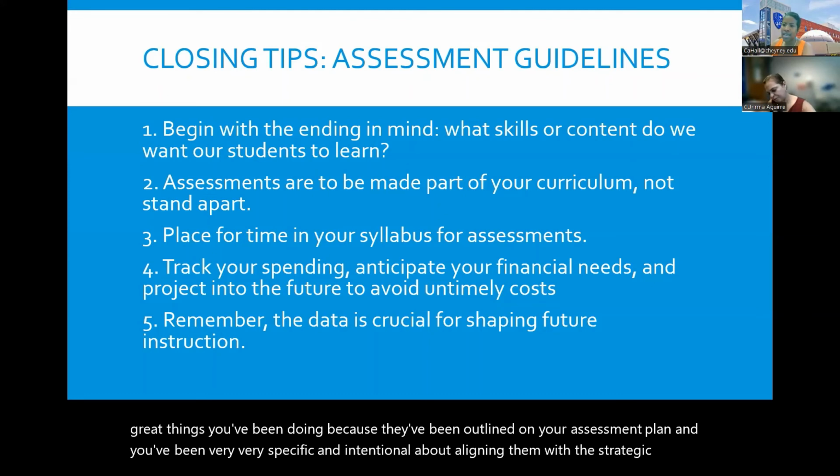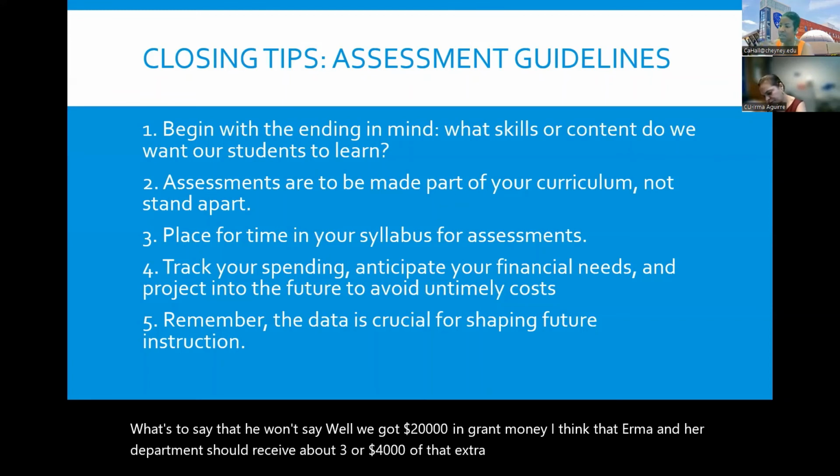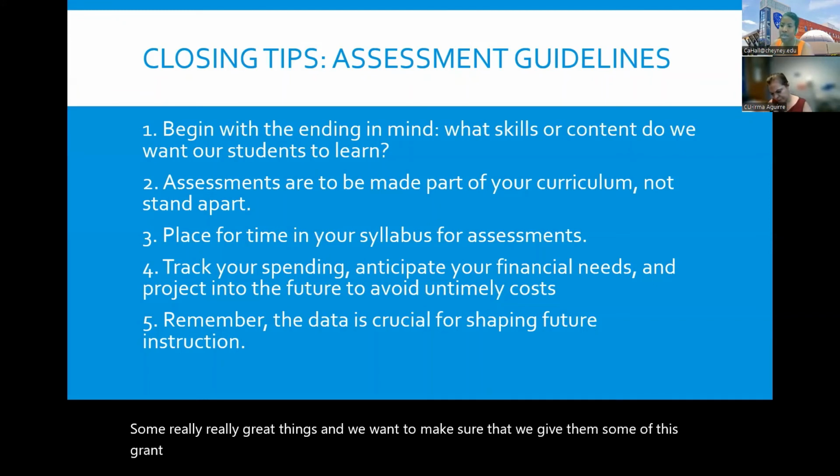What's to say that he won't say, well, we got $20,000 in grant money. I think that Irma and her department should receive about $3,000 or $4,000 of that extra money because they've been doing some really, really great things, and we want to make sure that we give them some of this grant money so that they can continue in that direction. So it really helps all entities involved.